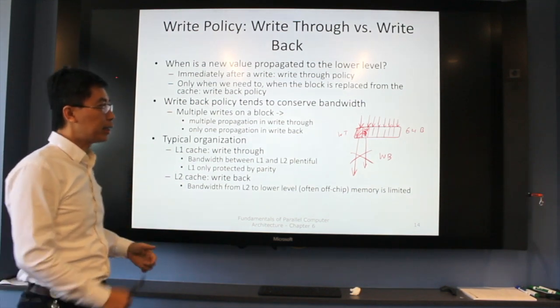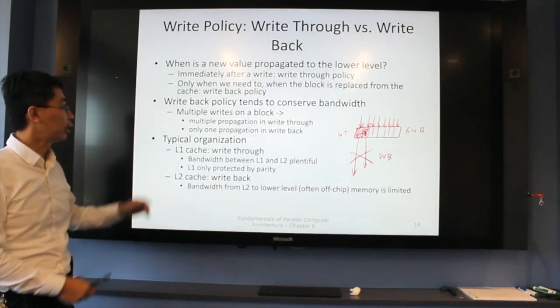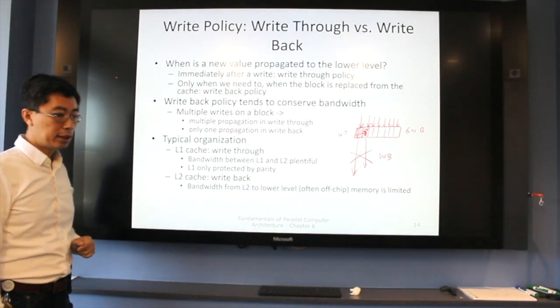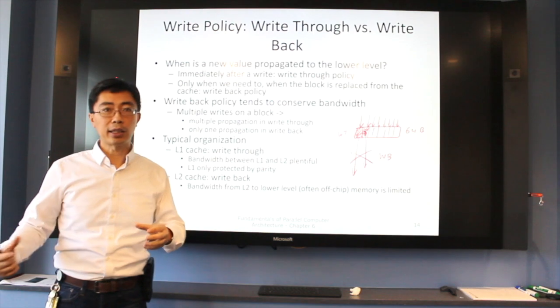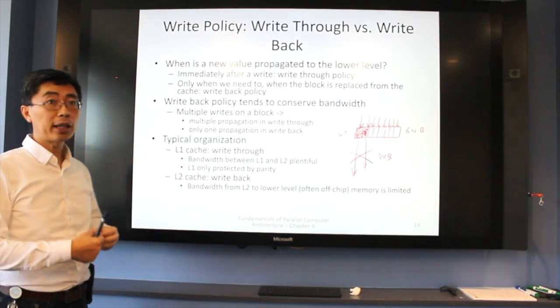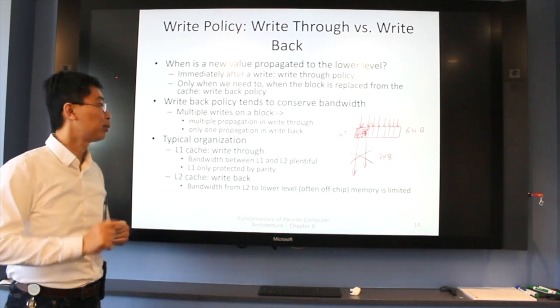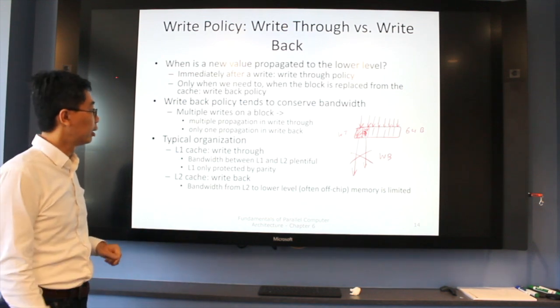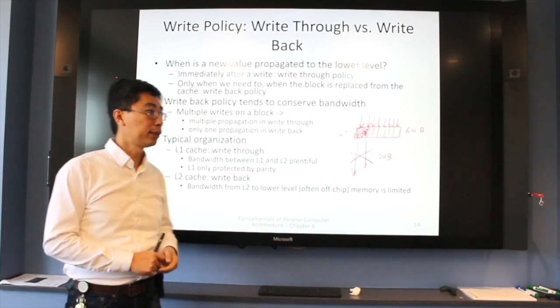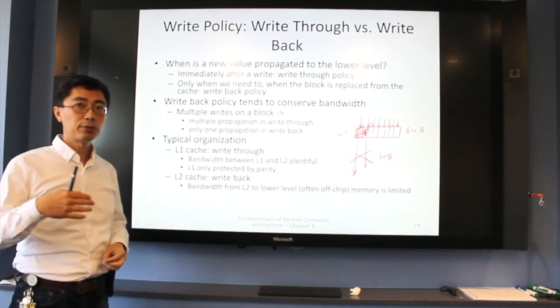Now the typical organization of cache will be something like this. L1 cache typically uses write-through. This is because the bandwidth between the L1 cache and L2 cache is not typically a big constraint, so you can afford to have a lot of wires going out from the L1 cache to the L2 cache. But there's another good reason for it, which is fault tolerance.